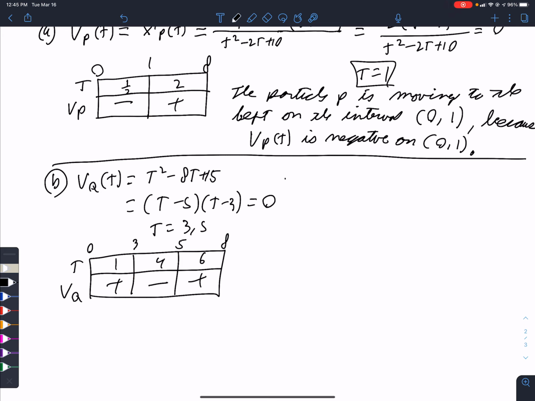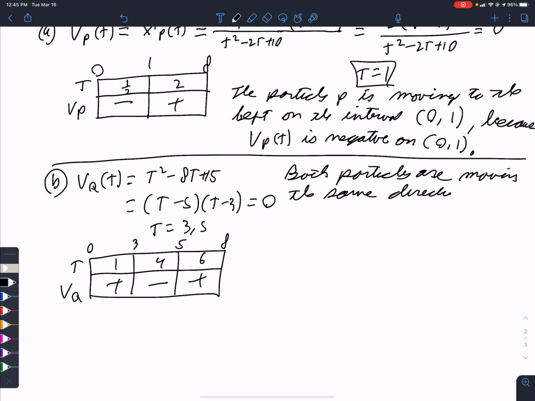So you would say both particles are moving the same direction. And again, there's many ways you can state it. I'll just do it differently this time.